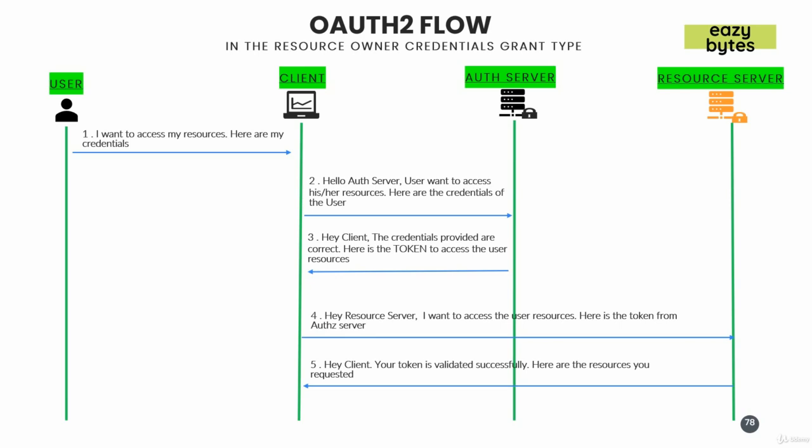But multiple redirects look very peculiar and annoying to me, because it's not making sense, right? I go to the Easy Bank application and it redirects me to another URL where I have to enter credentials.